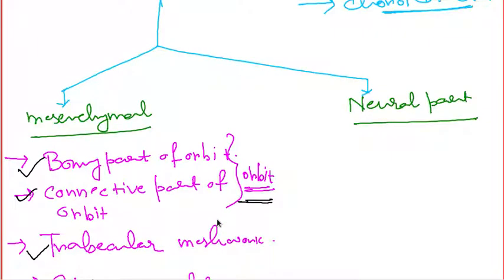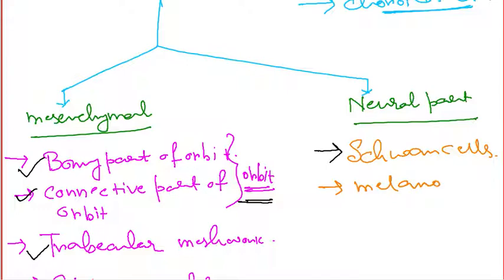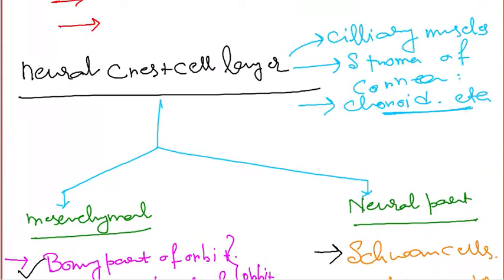Now this neural part of the neural crest cell layer gives rise to Schwann cells and melanocytes. So we have completed the derivatives from each layer.